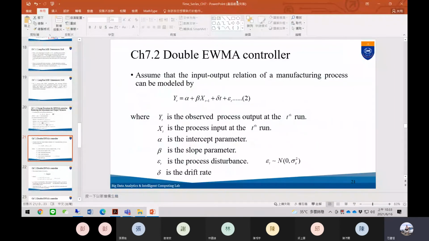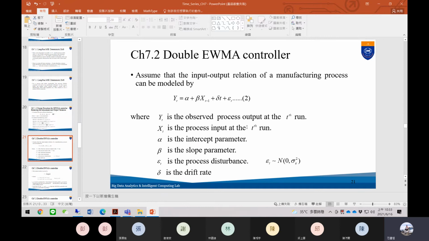So we assume that the input-output relation of a manufacturing process can be modeled by the following equation. Alpha is the process offset, beta the process gain. Delta is the deterministic drift. Epsilon t is a random error. Yt is the observed process output at run t.